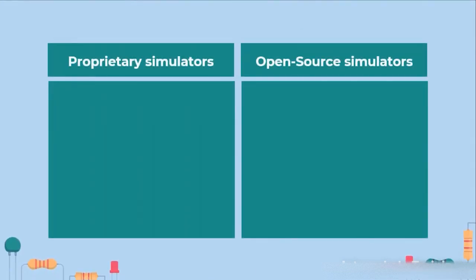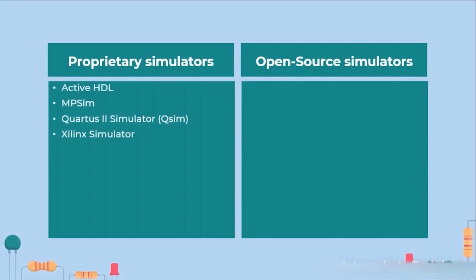So now let us have a comparison between the type of simulators that are available for coding purposes. We have proprietary simulators which are on a subscription basis, and we have open source simulators which are available for free. In the proprietary, we have ActiveHDL, ModelSim, Quartus or also called QSim, and Xilinx simulator. In the open source, we have Cascade, TKGate and Verilator.